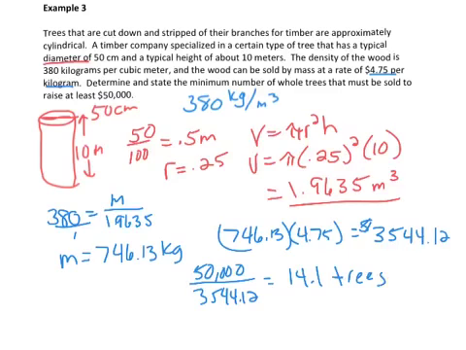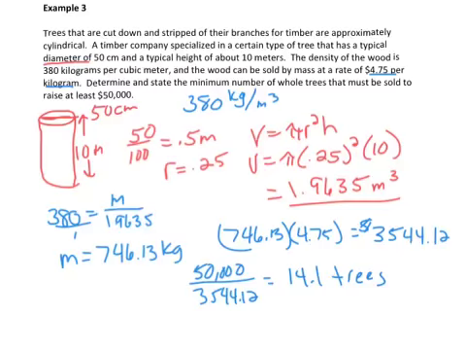Okay, so here's where you have to be careful. I want to know the minimum number of whole trees that I got to sell to raise at least $50,000. This is telling me if I raise and sell 14 trees, I'm not going to have $50,000. I'm going to have slightly less than $50,000.